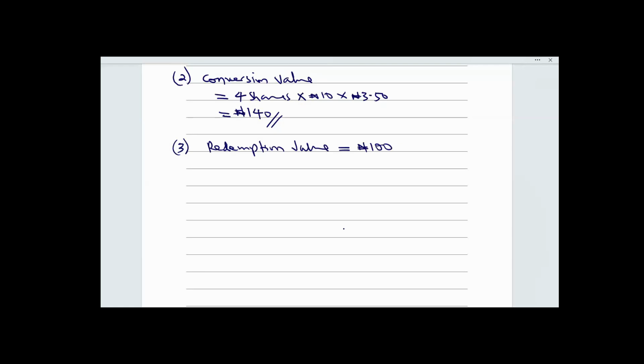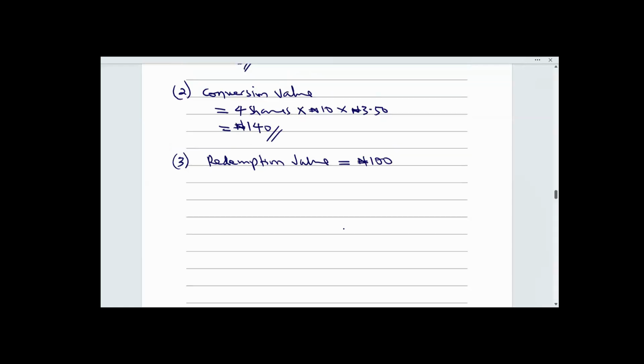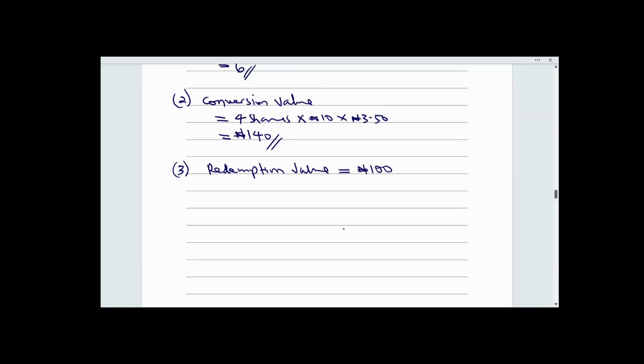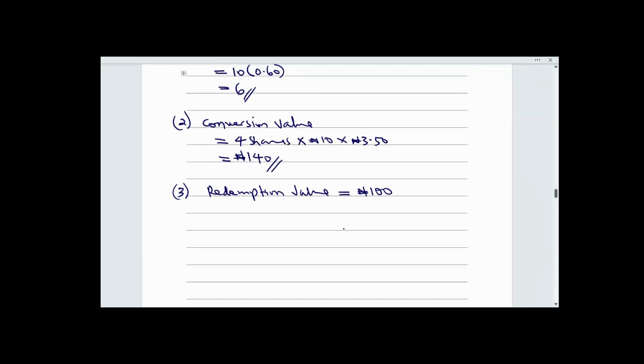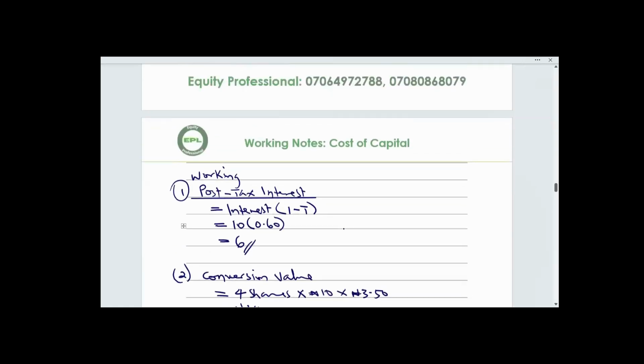Since the conversion value of 140 naira is higher than the redemption value, the debenture holders will exercise their right of convertibility. So at the end of year 4, they are going to convert the debenture to ordinary share capital because it is profitable. There's motivation to convert.